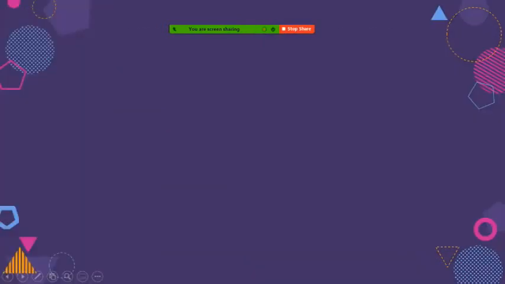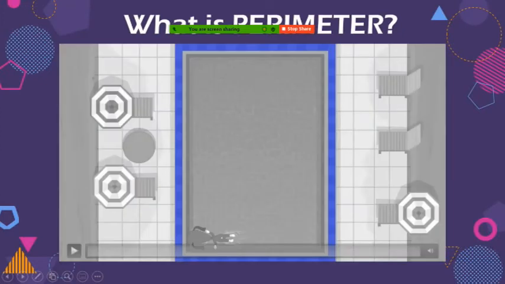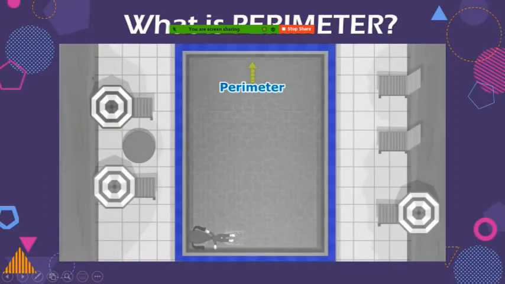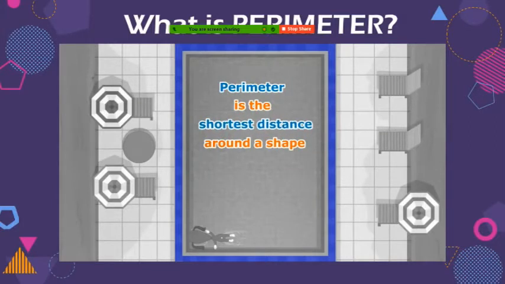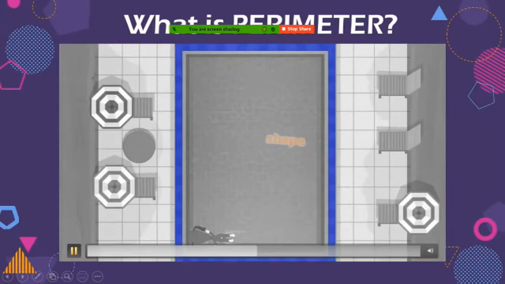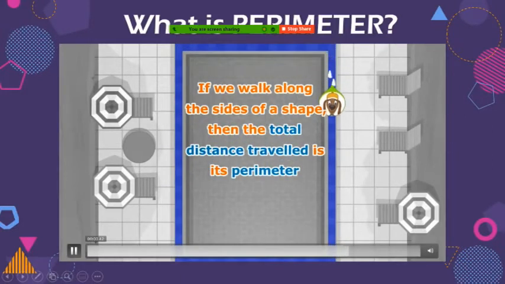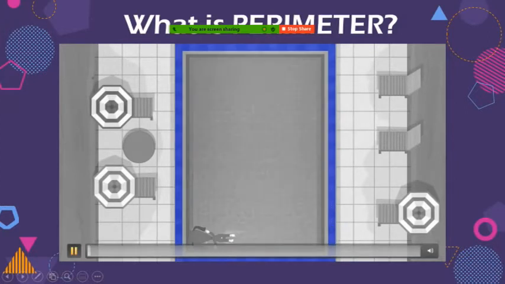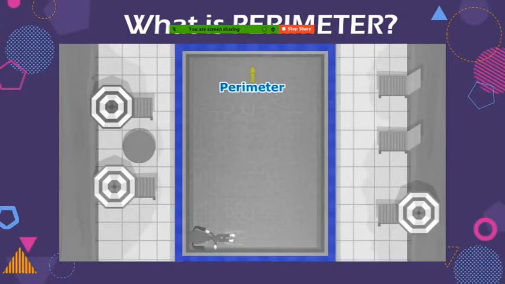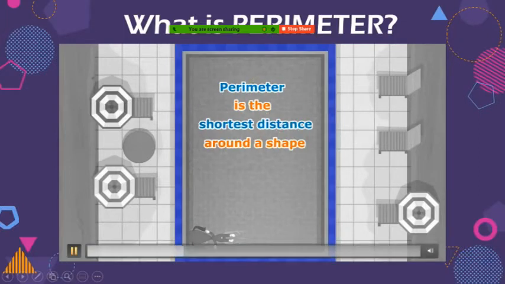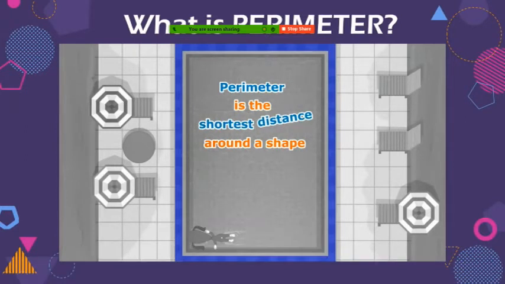So let's go back to the problem. Before that, let's define first what is perimeter. Again, let's have a look at the meaning of perimeter. Perimeter is the shortest distance around the shape.